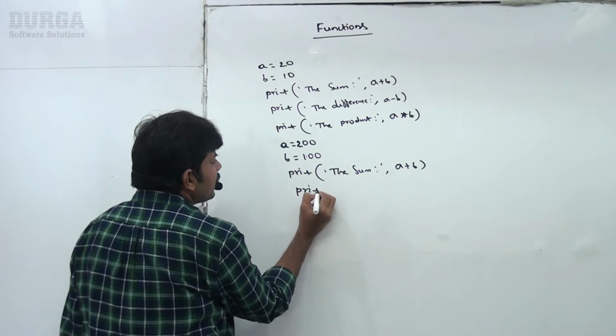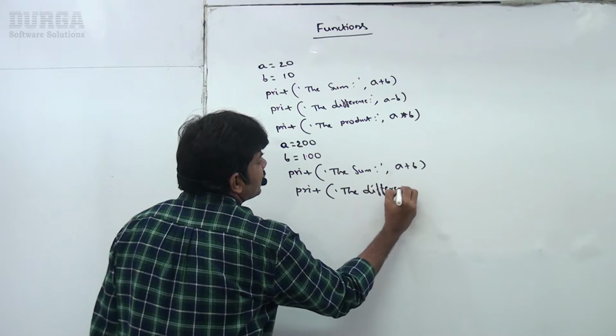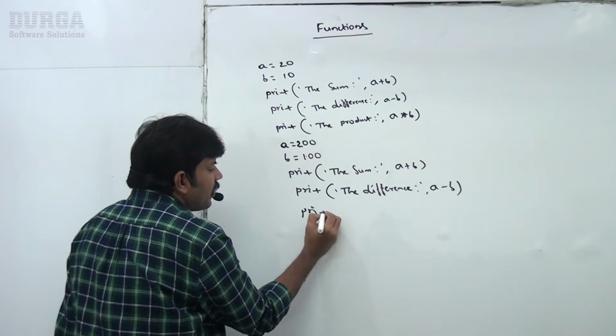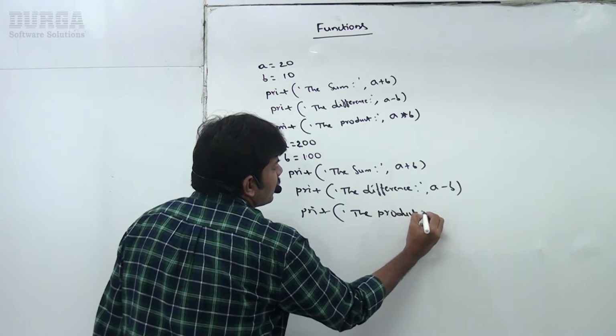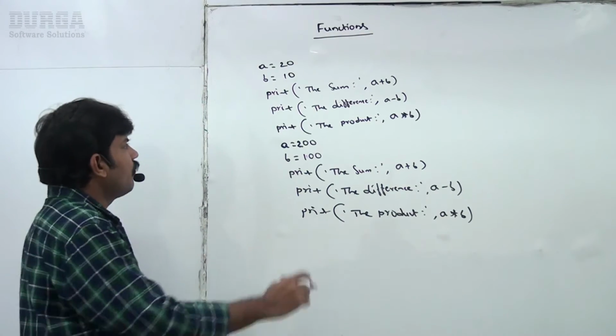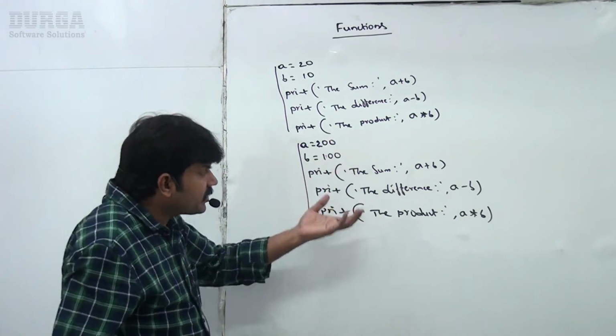Next, print the difference, a minus b. Next, print the product, a into b. Whatever code I'm taking here, the same code I'm taking, because that is my next requirement, right?